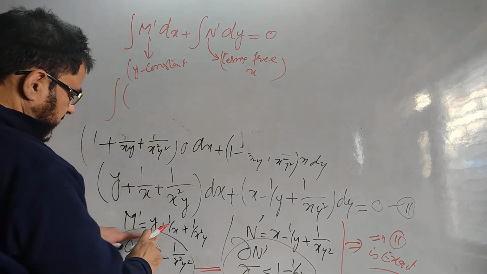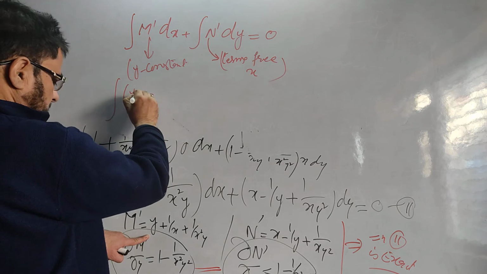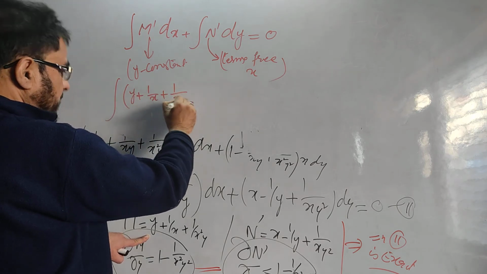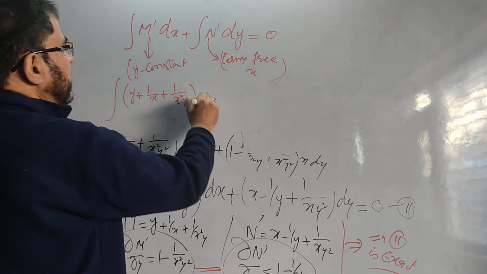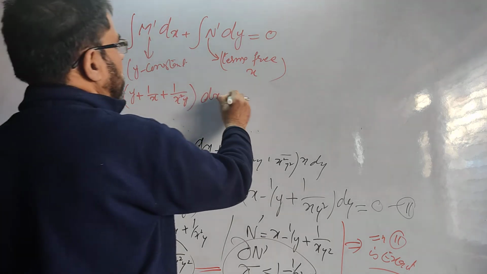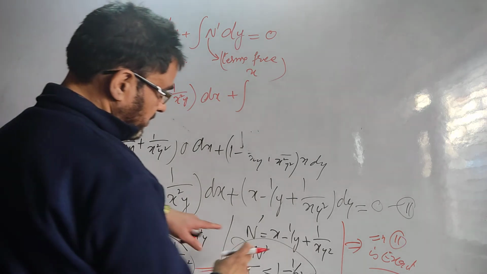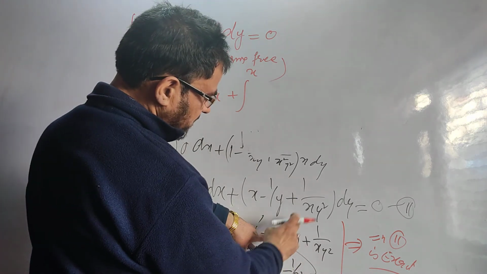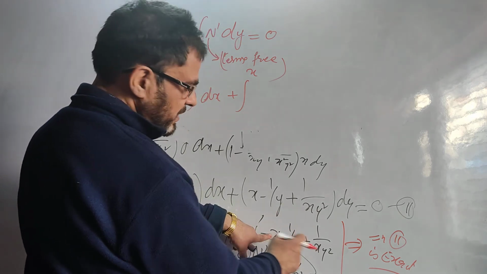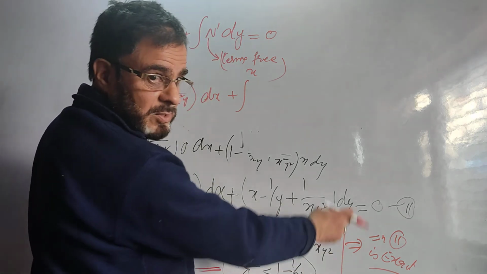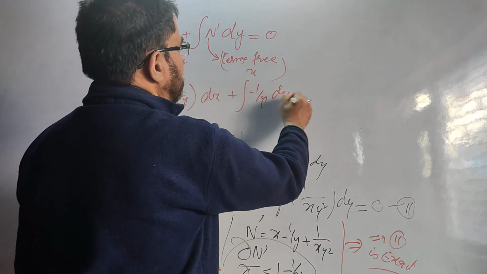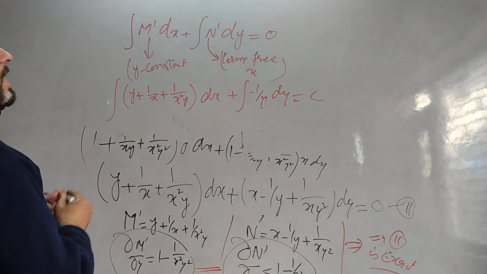It is y plus 1 by x plus 1 by x square y dx plus integral of, now this is your n dash, you have to take terms which are free from x. This involves x, omit it, delete it. This involves x, you also delete it, but you have minus 1 by y dy is equal to c. This is the solution.